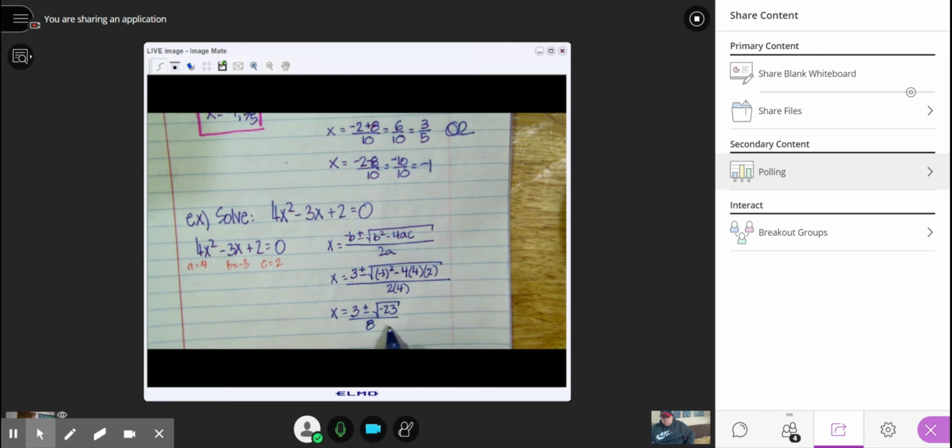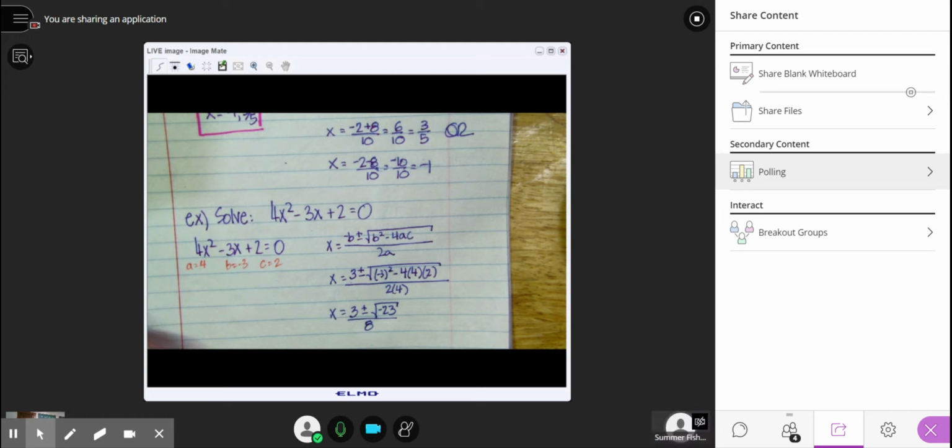Now, what happens with this square root of negative 23? Why not, Summer?